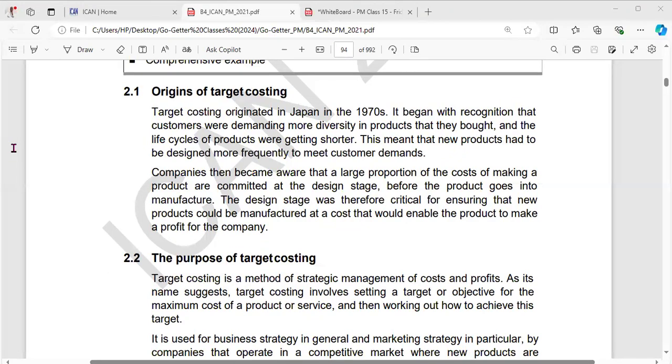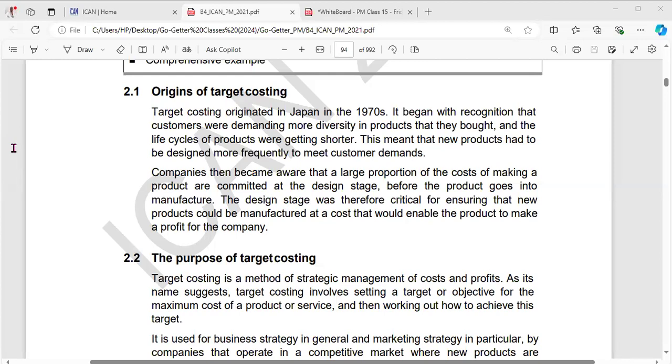The origin of target costing. It began with recognition that customers demand more and more diverse products, and their life cycle is getting shorter. So that means that new products have to be designed more frequently to meet customers' demand.